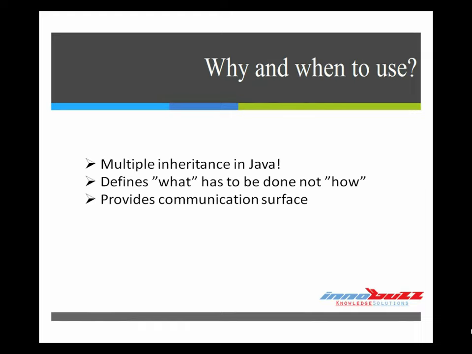And this way they provide a communication surface. So we can know that if anywhere in our program we use a variable which gets a type of interface, we can know how it will behave, what kind of methods it has, and so on and so on. So we can be sure of what we get.